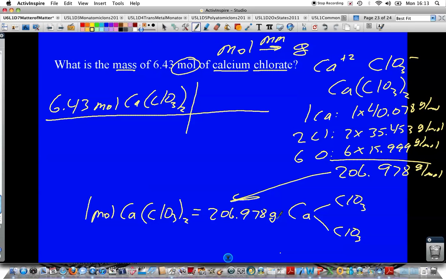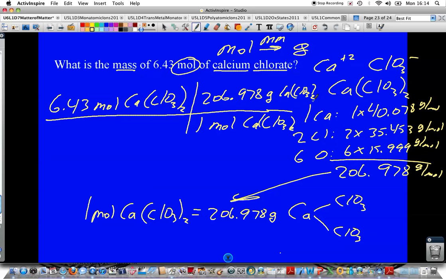Now, when you do dimensional analysis, you're trying to get the units to cancel out. So I'm trying to get moles of calcium chlorate to go away. To figure out what goes on the bottom and what goes on the top for my molar mass, I'm going to take the moles of calcium chlorate and put that on the bottom. I'm going to put my grams of calcium chlorate on the top, so that it'll all cancel out.